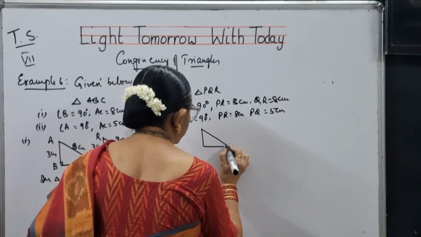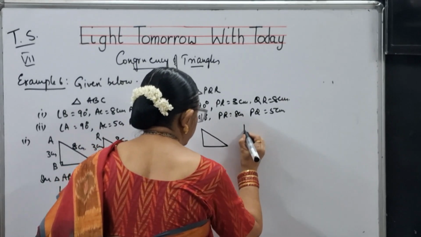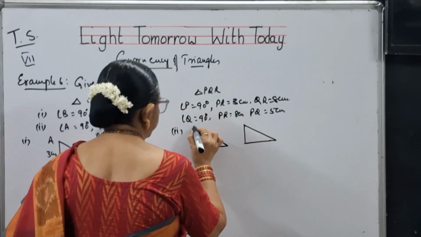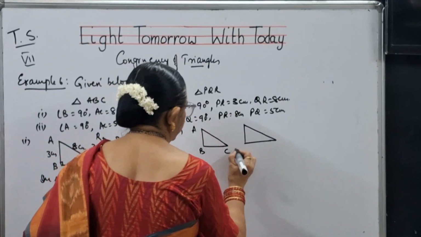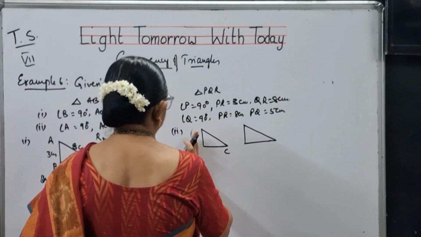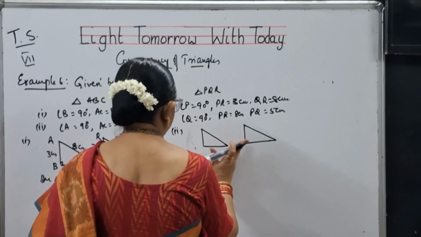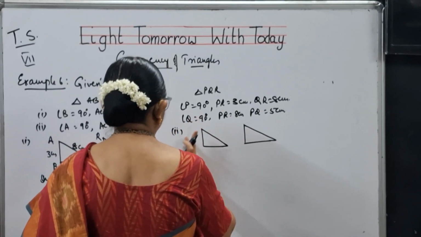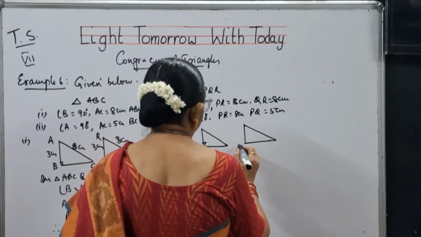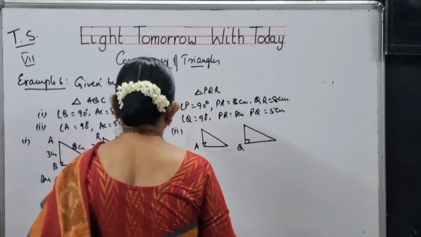This is again you have got triangle ABC and a triangle PQR. In this angle A is 90 degrees, he said. So let me write properly. Angle A is 90 degrees, and here angle Q is 90 degrees.